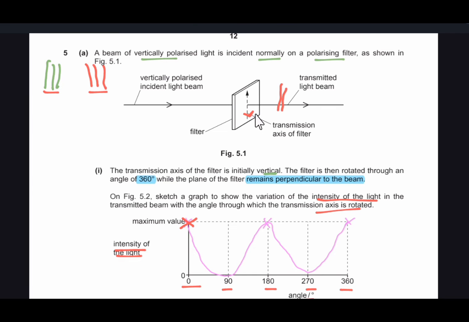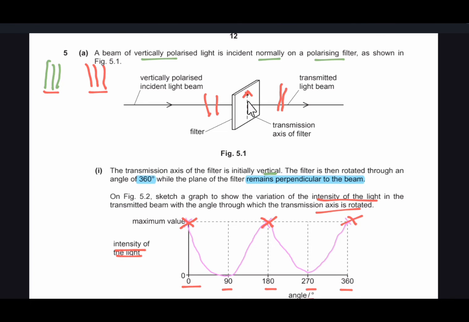As it is vertical and the light is vertically passing, we get a maximum value. And at 360 degrees the transmission axis returns to its original position, and since it is again vertical, we get a maximum value.